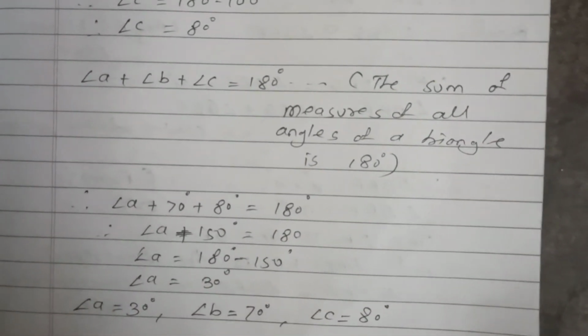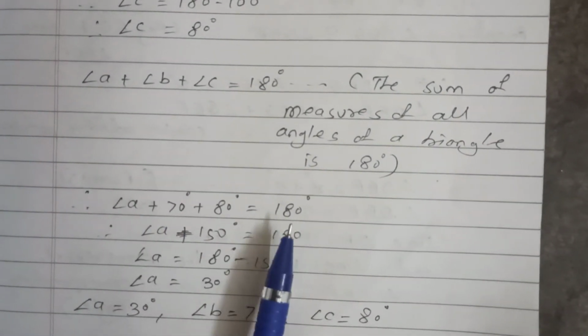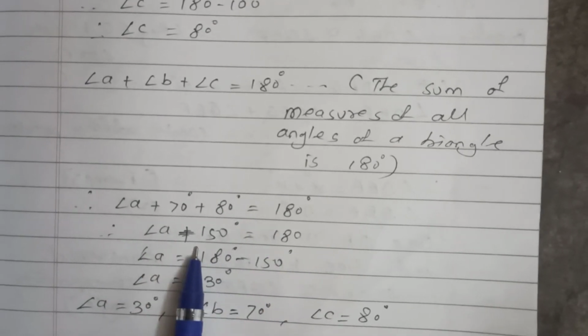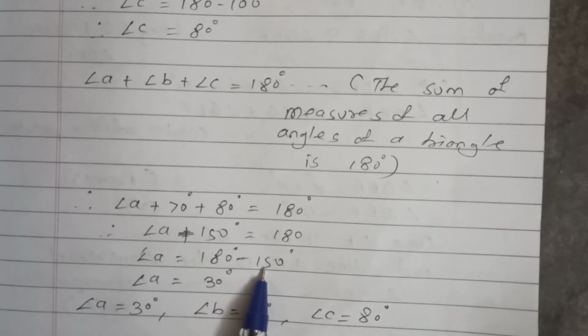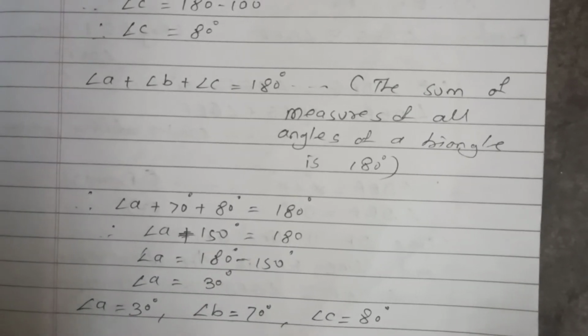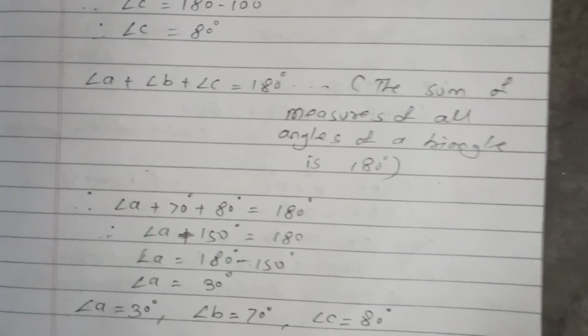Now, angle A plus 70 plus 80 is equal to 180. Angle A plus 150 is equal to 180. Now, 180 minus 150, then angle A is equal to 30 degrees. Now, we can find these two angles in this way.